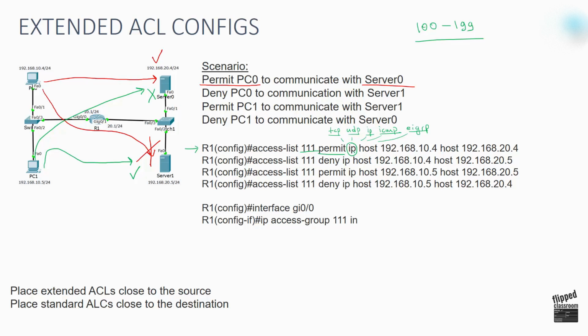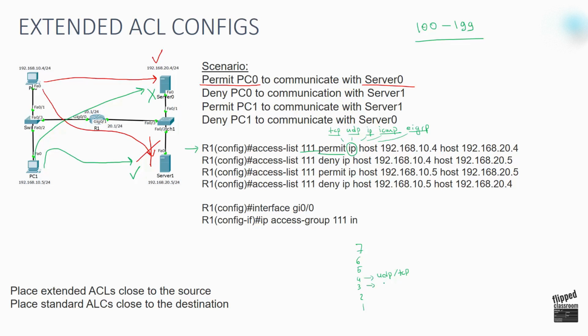In case you are selecting IP, remember that we have 7 layers of the OSI model: 4, 3, 2, 1. On layer number 4, we have the transport layer with protocols UDP and TCP.